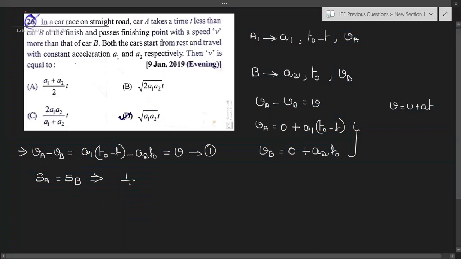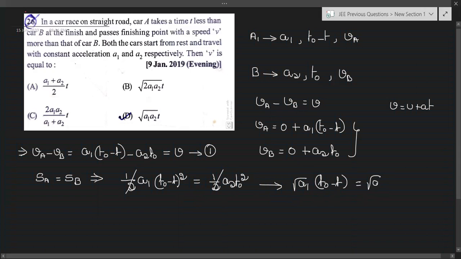That's why half into a1 into (t naught minus t) whole square, using the half a t square formula, is equal to half into a2 into t naught square. Half will get cancelled. Now if you apply the square root on both sides, then you will get root a1 into (t naught minus t) is equal to root a2 into t naught.